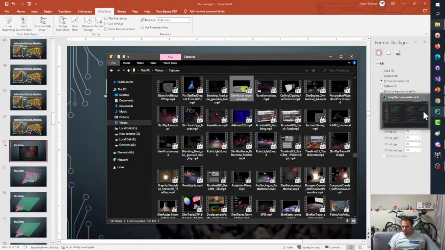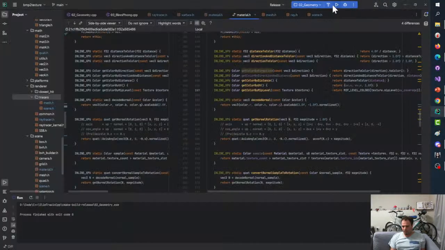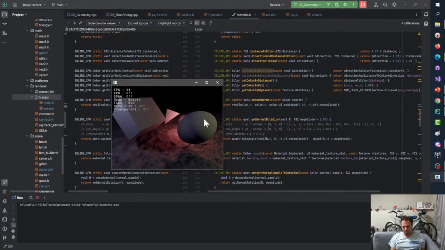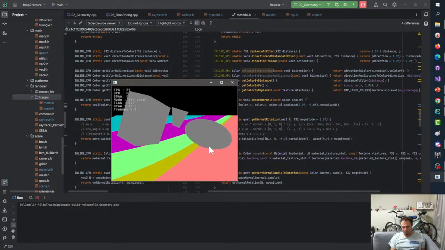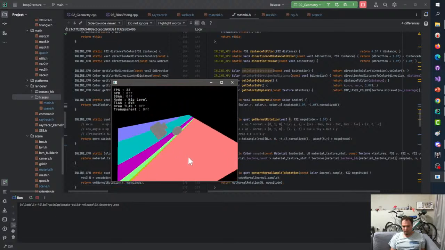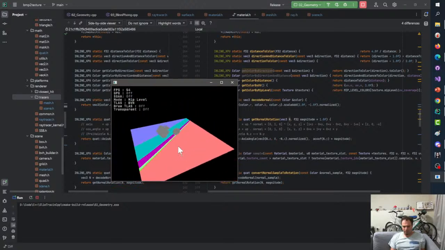And if I show what I have right now in my implementation, so this is the software ray tracer, and we have something sort of similar. If I go far away, you can see it changes.